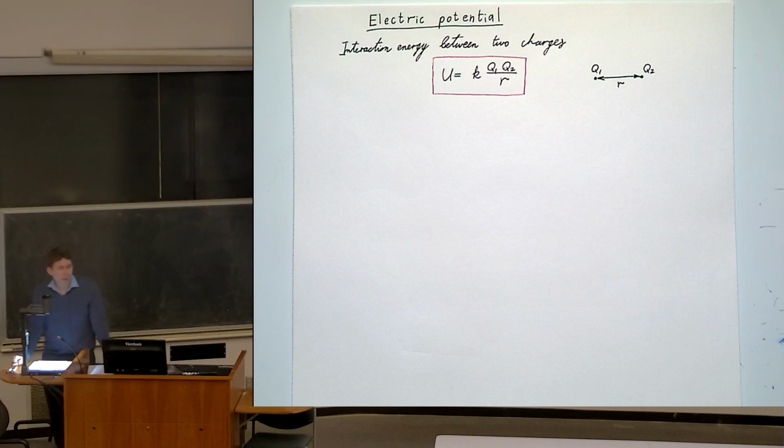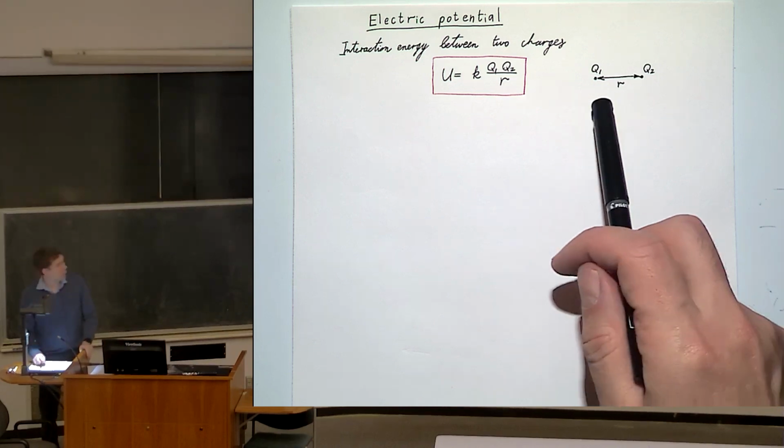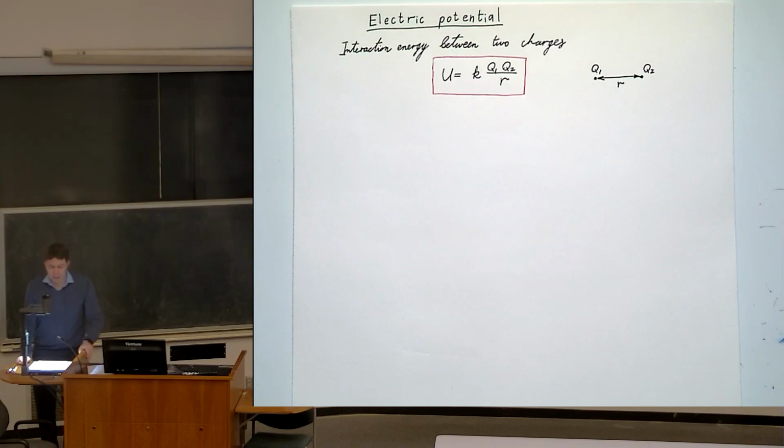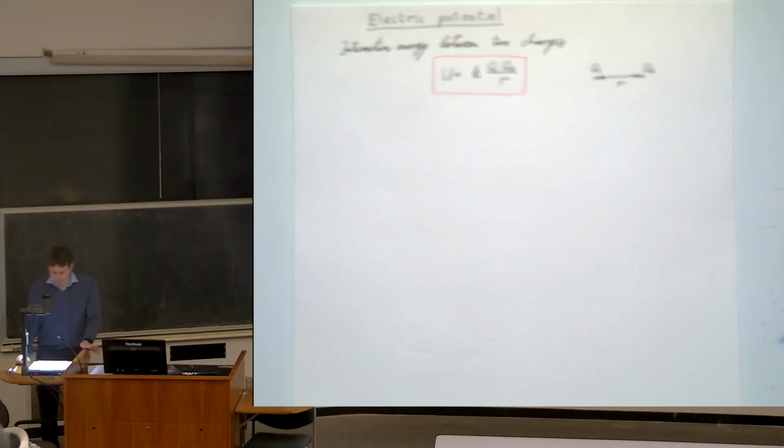At the end of the previous lecture, we derived a formula for the interaction energy between two charges. This is the formula. We have two charges, Q1 and Q2, distance r apart, and this is their interaction energy.